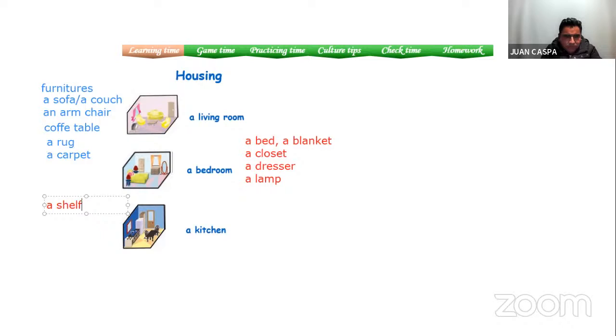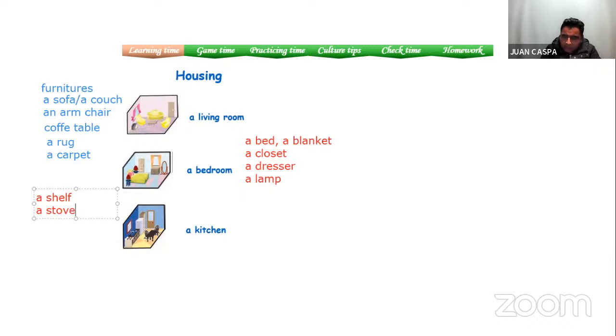A shelf is where you put your plates, glasses, right? Flatware, like the forks, the spoons, and the knife, right? But anyway, there are some things that we can talk over here. In a kitchen, of course, it will be the stove, right? A stove. The stove is la cocina.